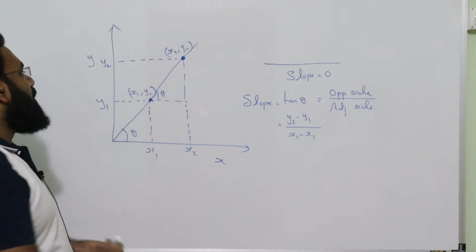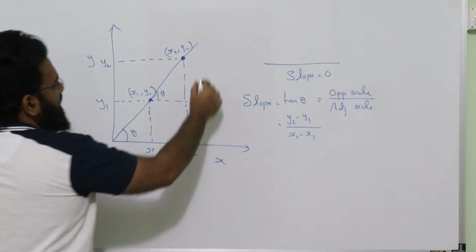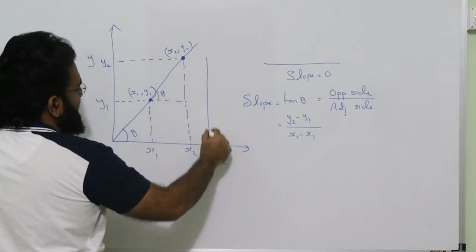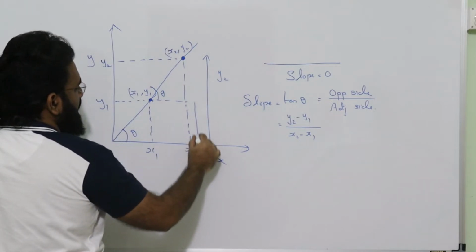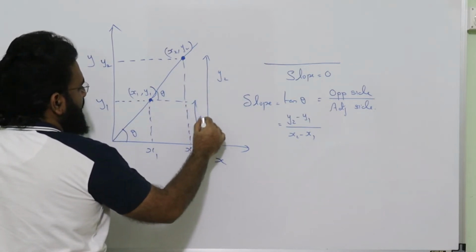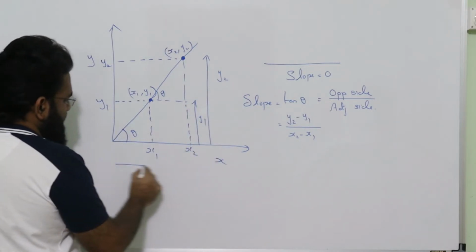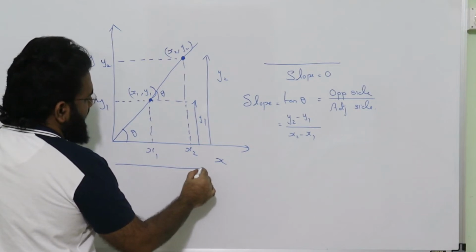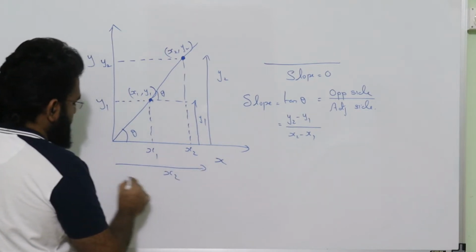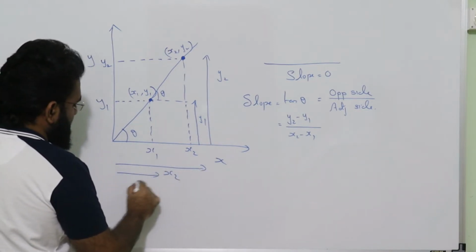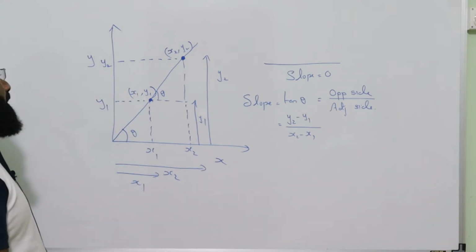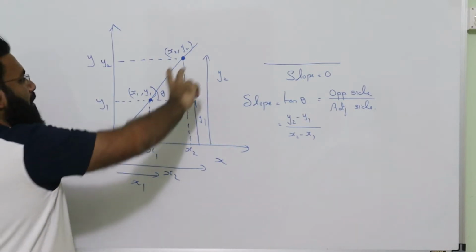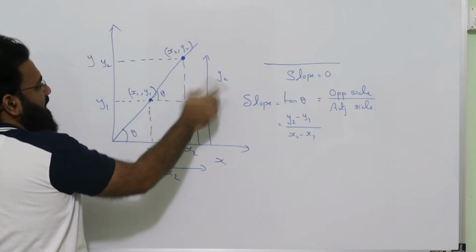So when I say opposite side by adjacent side, see, this height is nothing but y2 and this height is nothing but y1. This length is nothing but x2 and this length is nothing but x1. That is why we say opposite side by adjacent side, tan theta.